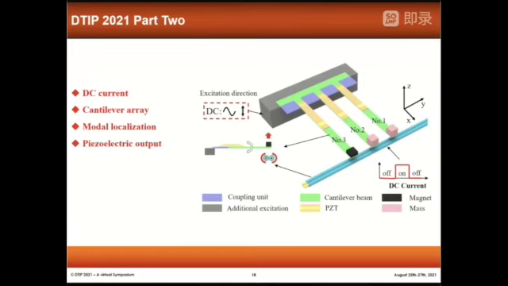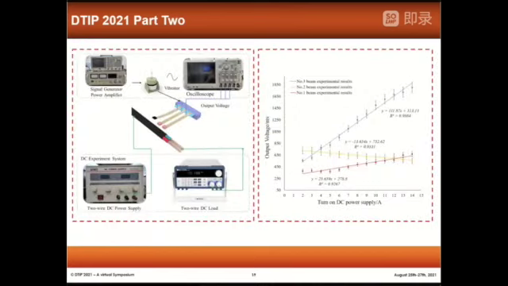The magnetic field formed around the DC conductor subjects the magnet to a magnetic force when it interferes with the cantilever array, and causes the modal localization to increase the amplitude of the cantilever. In the present study, the feasibility of the proposed DC current detection device is demonstrated both theoretically and experimentally.